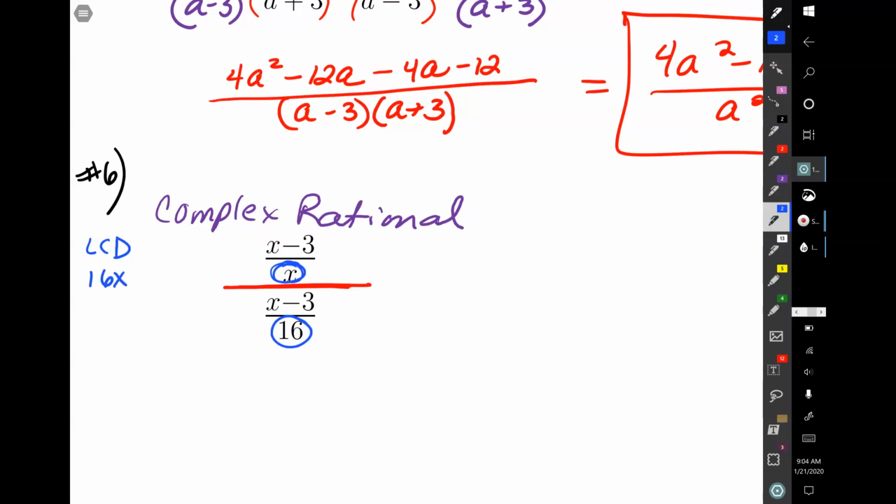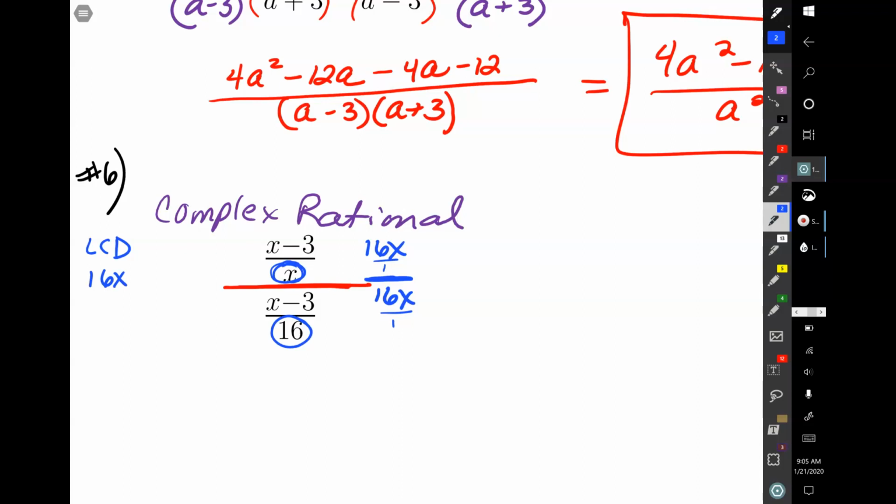And if I multiply the numerator, this x minus 3 over x times 16x over itself, 16x, it's really like multiplying by 1, right? I have the x minus 3 over 16 times 16x as well. If you want to put those over 1 to make you feel better about balancing out the fractions, sometimes that's helpful.